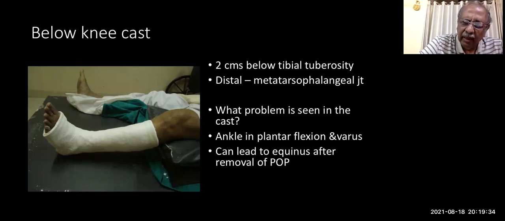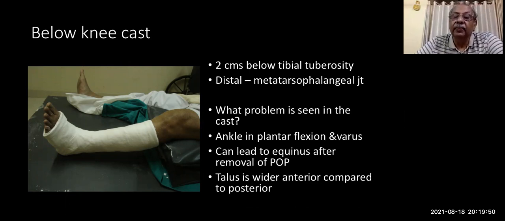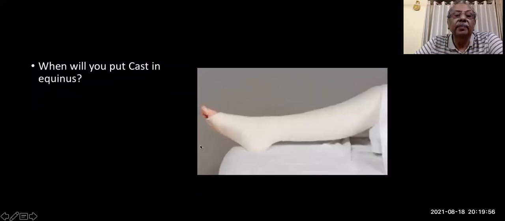Therefore, there will be narrowing of the tibiofibular syndesmosis. So once you dorsiflex it, the wide anterior part cannot engage that area. That is why it produces fixed equinus deformities. So you should remember this point: the talus is wider anteriorly compared to the posterior aspect.